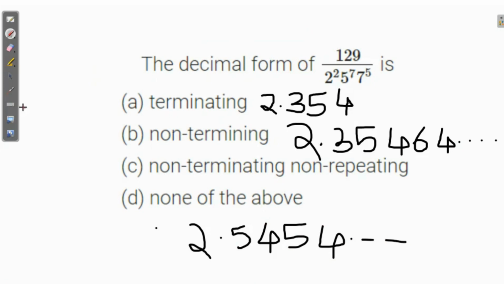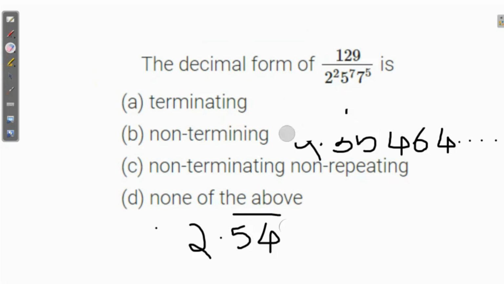I can also represent it in another way. I'm sure each one of you should know this as you're in 10th grade. I will also write it as 2.54 with a bar above 54. It shows this number keeps repeating continuously. So this is non-terminating and repeating. This is non-terminating and non-repeating. This is the basic concept of what is terminating, non-terminating, and all.